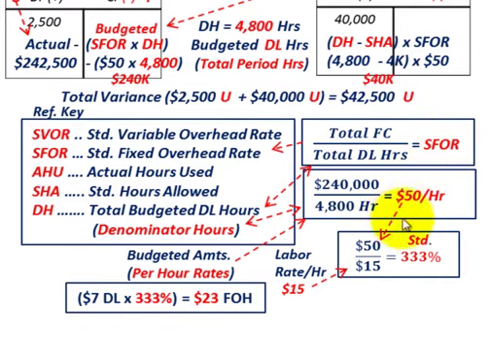So for every direct labor hour that you spend, $50 would be assigned as fixed overhead cost. Now say we have a standard labor rate of $15 per hour. Divide that into your standard fixed overhead rate of $50 per hour, and you're going to have 333% times your labor rate, which is going to equal your fixed costs for our calculation.